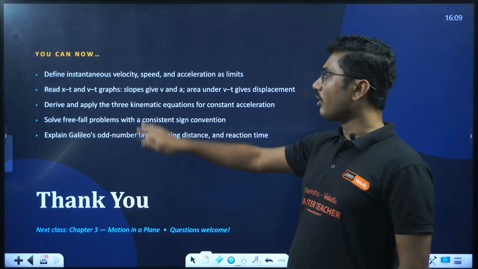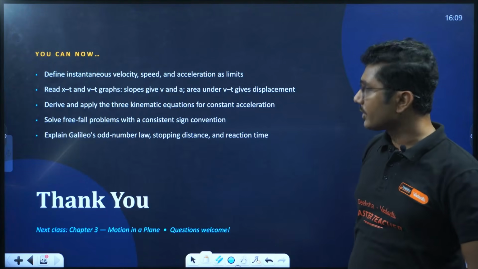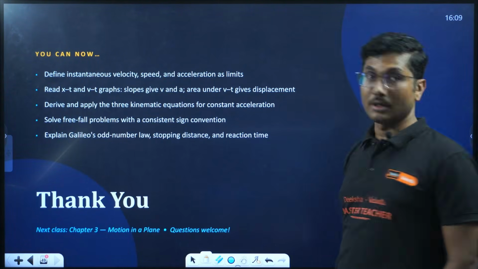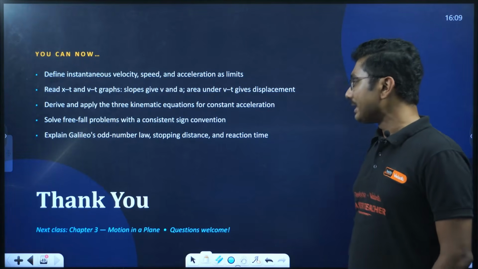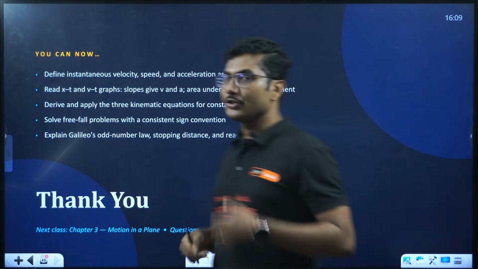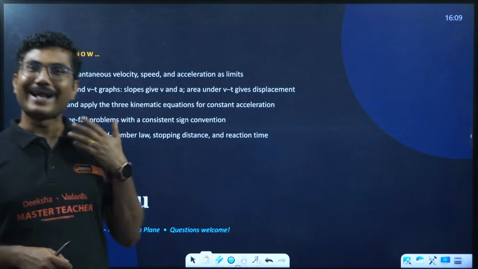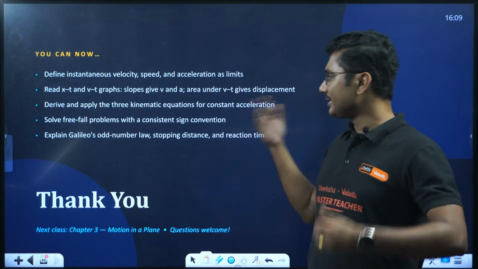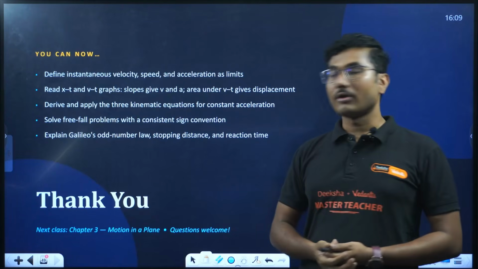Solve free fall problems with consistent sign convention. Explain Galileo's odd number law. Stopping distance and reaction time. Reaction time is the time within which you can react to avoid an accident. That time gap is called reaction time.